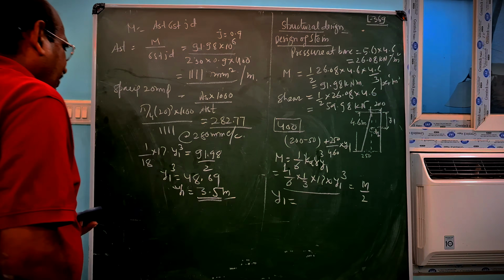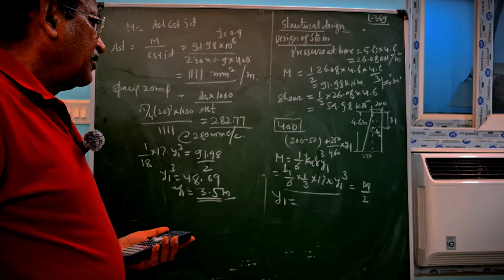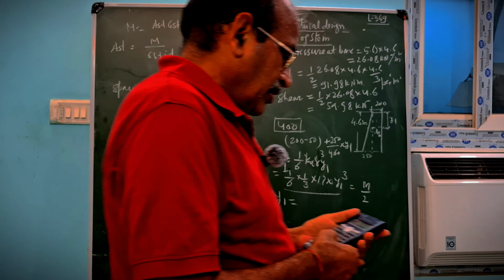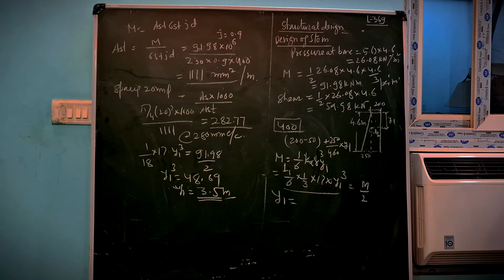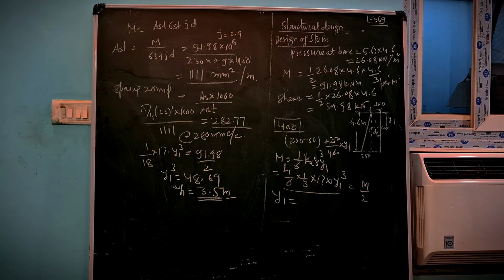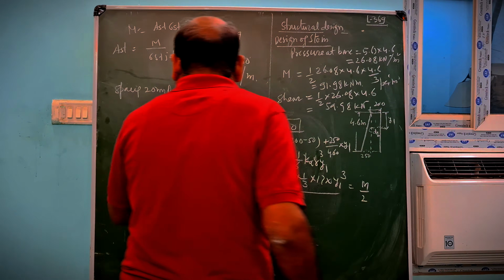So at 3.5 meter approximately we can calculate. So we have to curtail the bars, the 50% can be curtailed. Now you can go for the shear design also.